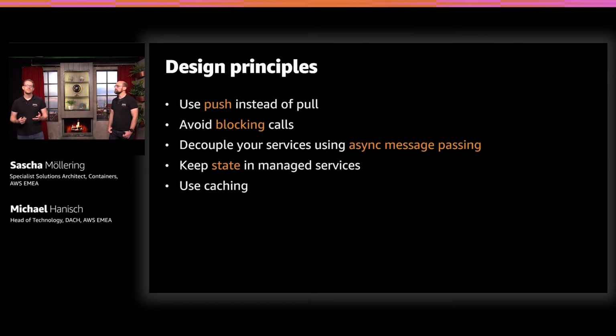And by using asynchronous and non-blocking frameworks, in this particular example Vert.x, we can avoid blocking calls. And by decoupling our service using asynchronous message passing with Kinesis Data Stream, we can basically use the same patterns in our main application that we also use on a macro level.